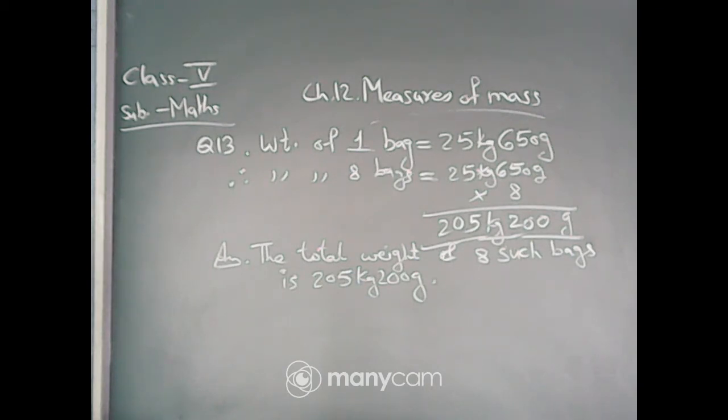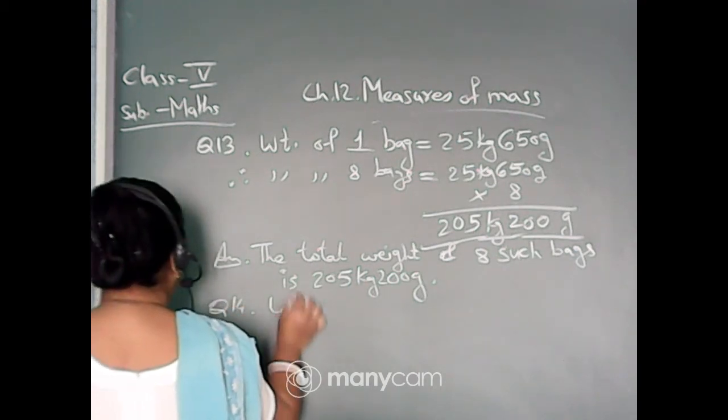The total weight of 6 bags of rice is this much, and all the bags weigh equally. Find the weight of each bag. Now the 6 bags weight is given, you have to find for one bag. That means you have to divide it, isn't it? So let us do this one.